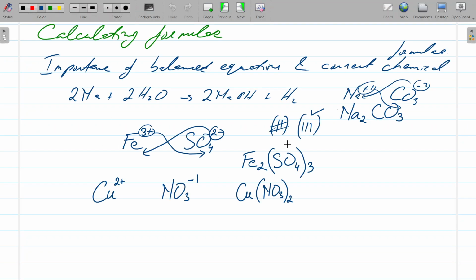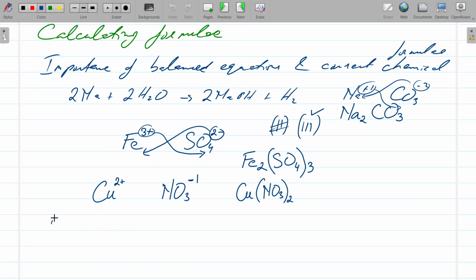Right, so if you take a look at water, based on what we just read, forget the 2 over here. Let's just take a look at the formula for water, H2O. So that's 1 mole of water.